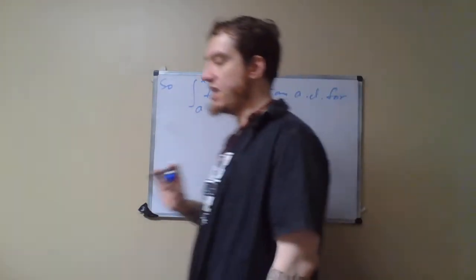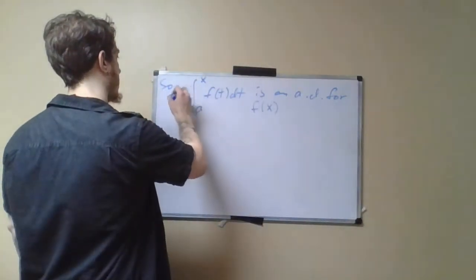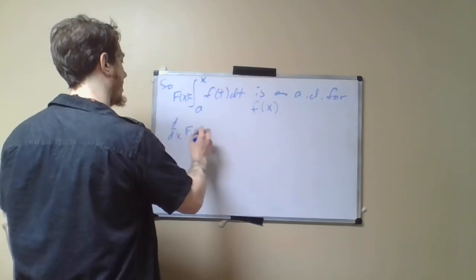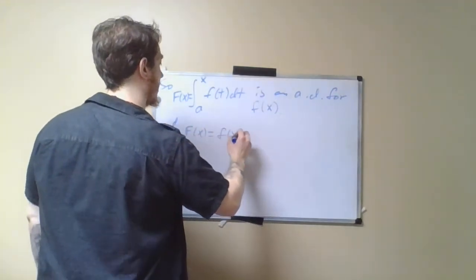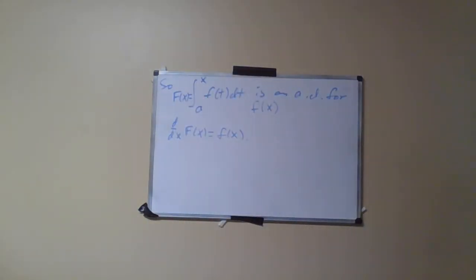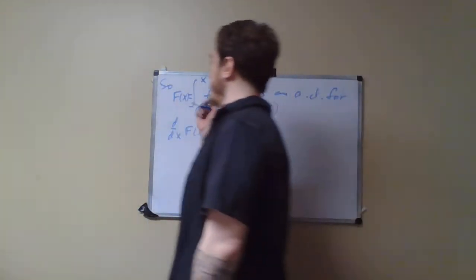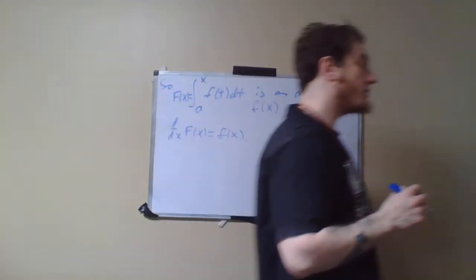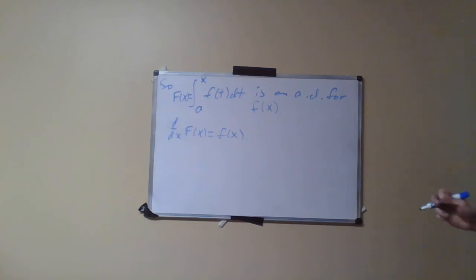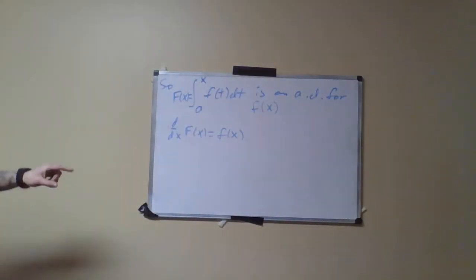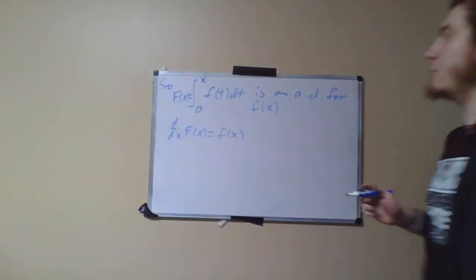An antiderivative is a function, capital F of x, where the derivative of capital F of x is little f of x. So there is another way of thinking about this. This function has to be an antiderivative. And the other thing that we know about antiderivatives is that all antiderivatives are the same up to possibly shifting by a constant.